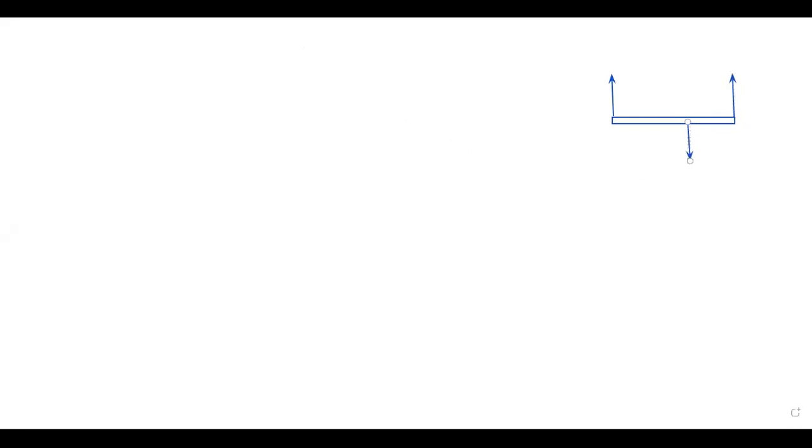This distance is 1.25 and this one is 0.75. This is member FAB, this is member FCD, and this is the load of 10 kip at point E. This is point B and this is point C.